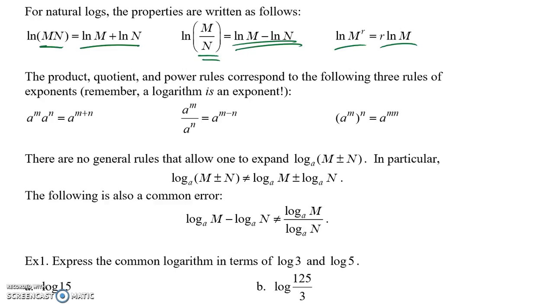We could convert logarithmic forms to exponential forms and then use properties of exponents to establish the corresponding properties of logarithms. And in fact, in the textbook, you'll see that they show those derivations. I'm not going to do that, rather just indicate the relationship between the rules for logarithms and the properties of exponents that you're already familiar with.